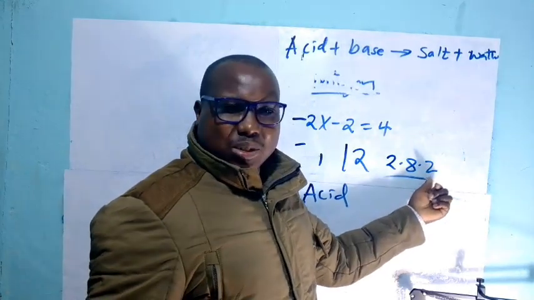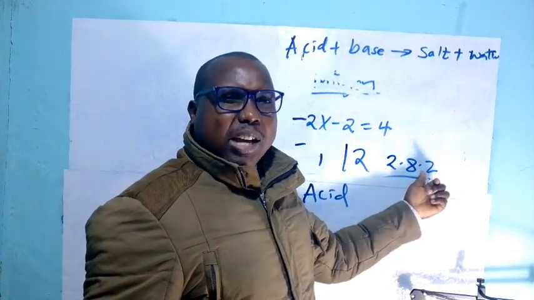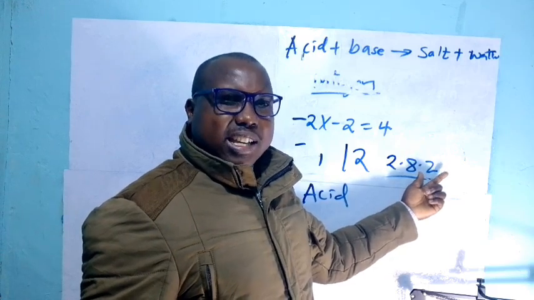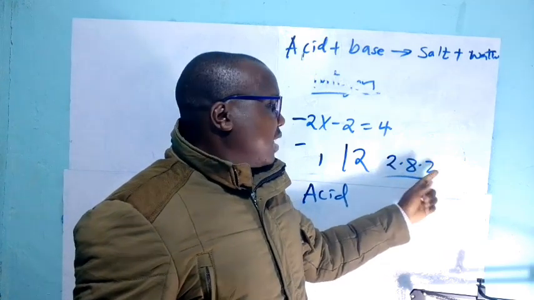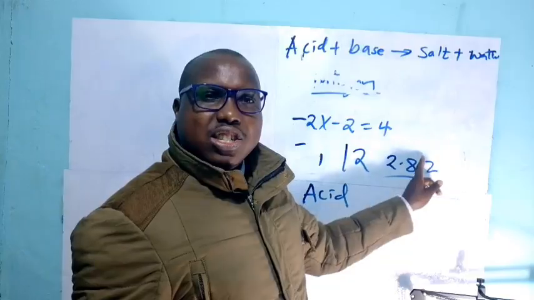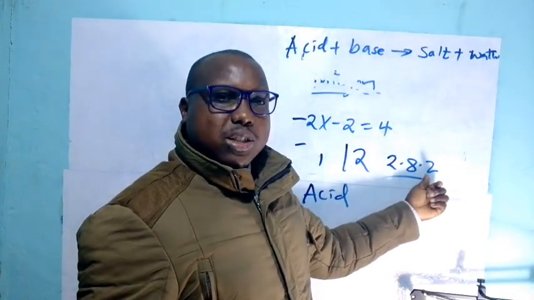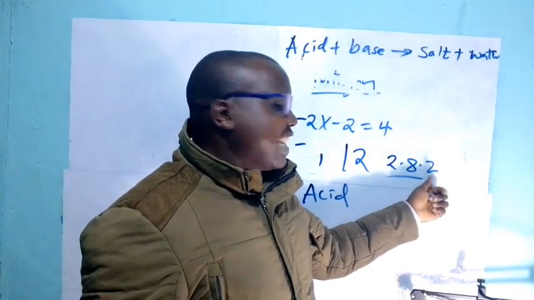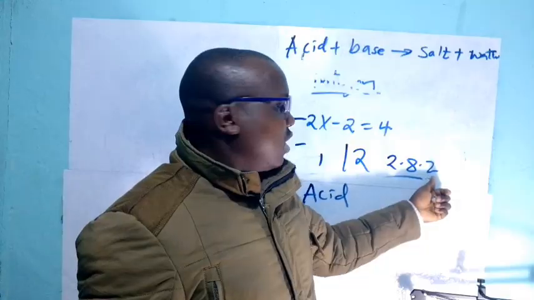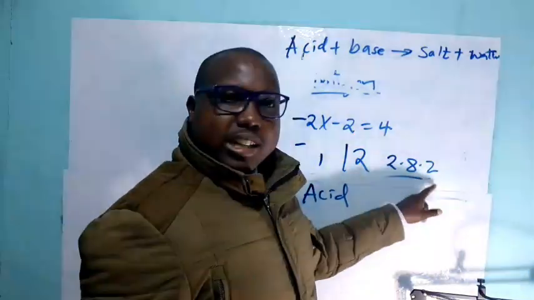Those are the things you need to explain, and it has been explained very thoroughly in our KLB book. This one requires little energy to lose 2 electrons rather than gaining 6, which requires a lot of energy. So those are the things you need to know.